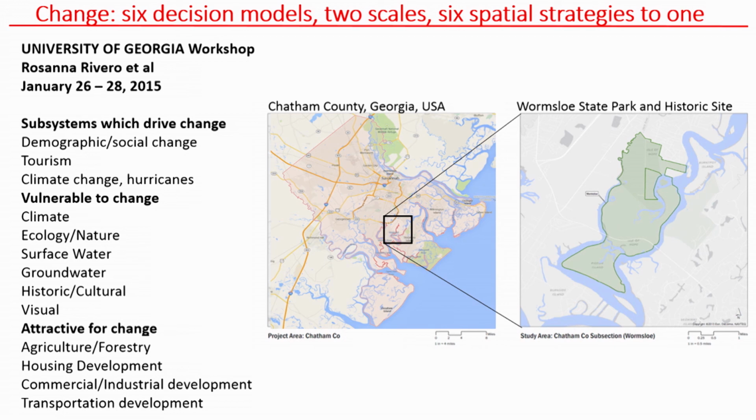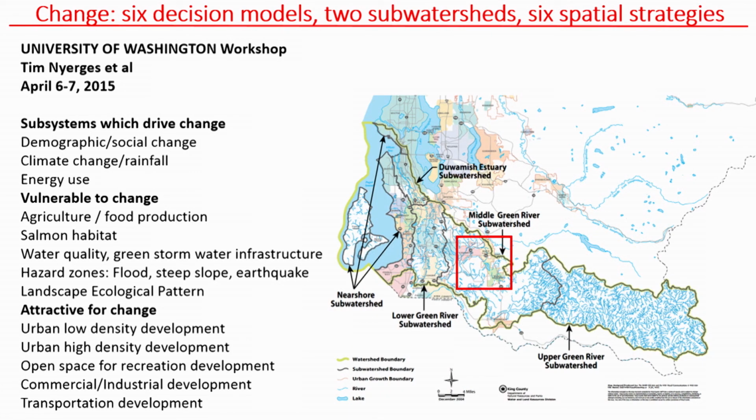And the relationship of working at 2 scales with 2 types of decision models at the same time is what that workshop is about. And then in May, we're going to work with Tim Nyerges at the University of Washington with his people and his models, working on the suburban growth of Seattle in 2 sub-watersheds that are pretty nice now, and who knows what they'll be after we're done.